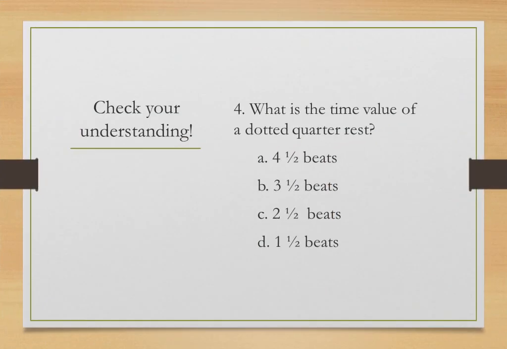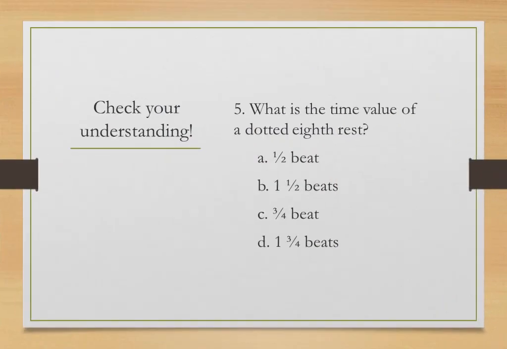What is the time value of a dotted quarter rest? A. 4 1/2 bits. B. 3 1/2 bits. C. 2 1/2 bits. Or D. 1 1/2 bits. The time value of a dotted quarter rest is 1 1/2 bits. Letter D.